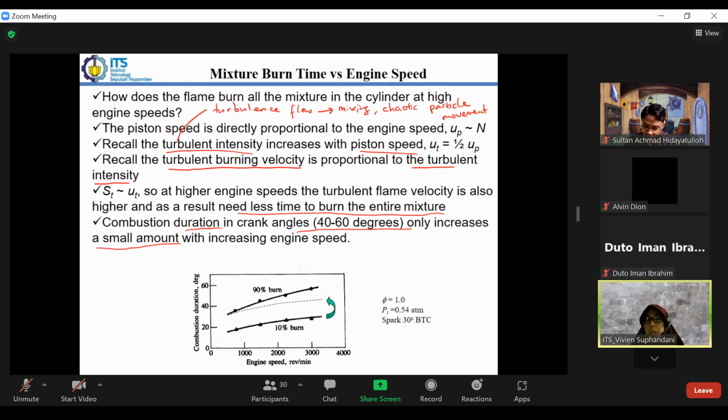That's why we have the engine controller unit, which will adjust the crank angle duration for when to start the ignition, and also control the opening of the inlet and exhaust valves, and that will depend on the engine speed. So this is a brief explanation of how the combustion process will differ when we have different engine speeds.